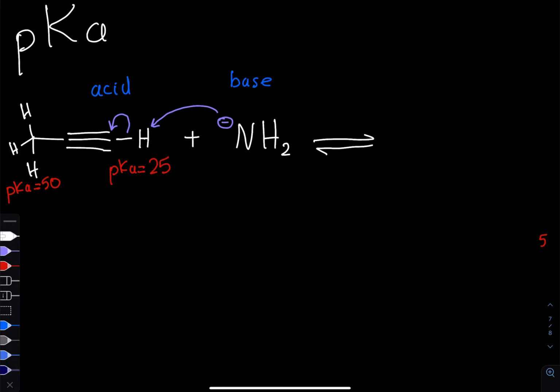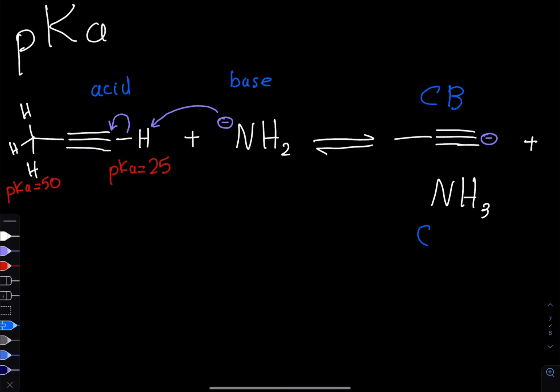So at the end what we get is an ion like that, plus an extra proton or extra hydrogen on this NH2, so that would be NH3. And this would be the conjugate base, this would be the conjugate acid. So now what is the pKa of our conjugate acid, this NH3?